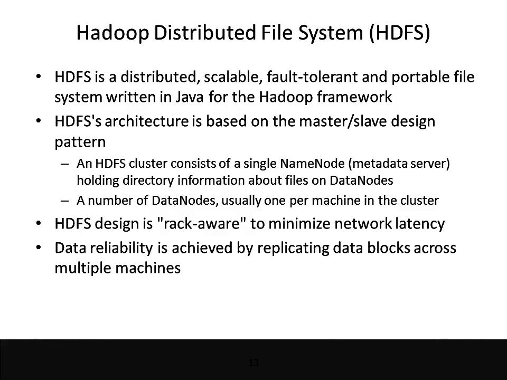And it's also portable in the sense that it doesn't really require much in terms of the machine that it's running on. Any machine that can run a JRE, a Java runtime, can basically participate as a node in an HDFS network, which again reduces my dependence on particular architectures of particular machines.